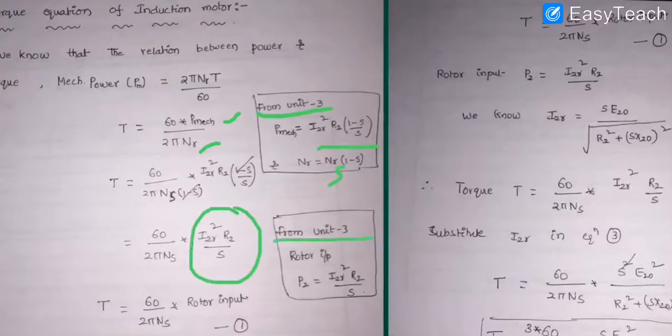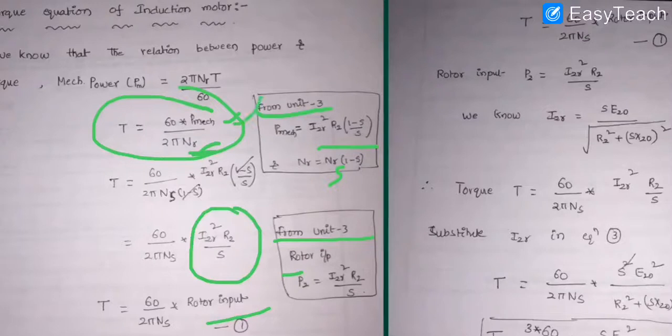From unit 3 we have derived the last expression, that is, rotor input is equal to I2R square into R2 by S. So we can define our torque as 60 by 2 pi ns into rotor input. Here, if we use NR as the speed, what is the power?